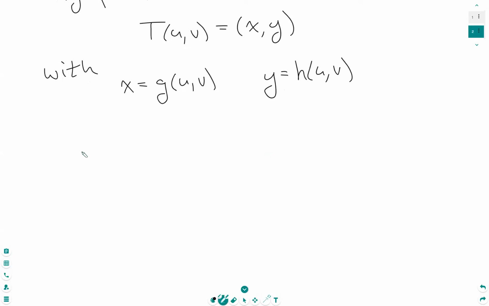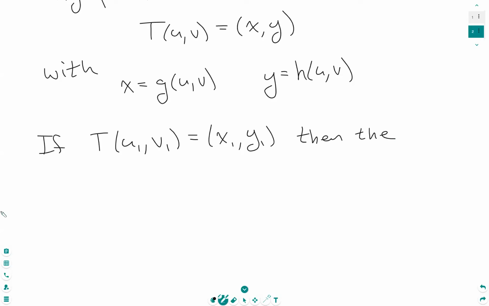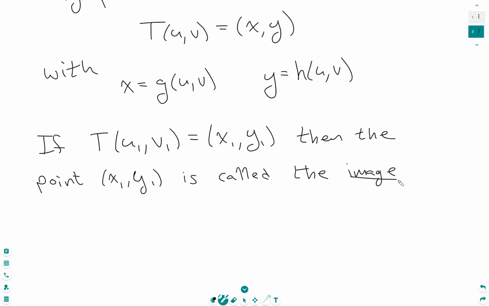So if I use the transform T on some point U1, V1, and I get X1, Y1, then the point X1, Y1 is called the image of the point U1, V1.